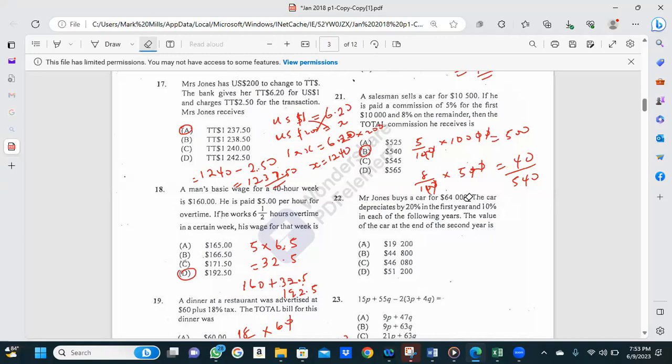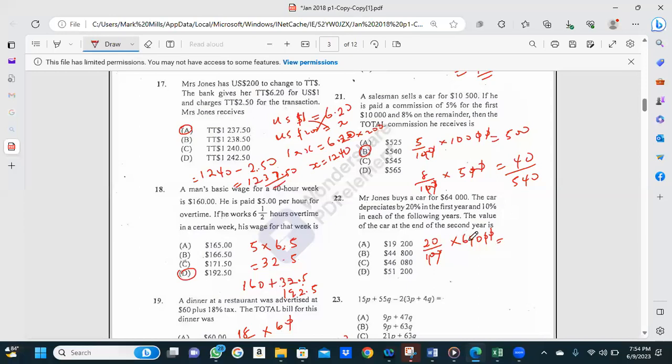So for me to do this question, we are going to find the depreciation of 20% for the first year, 20/100 times 64,000. We cancel these two, so this gives me 128, then 2 zeros, so 12,800.